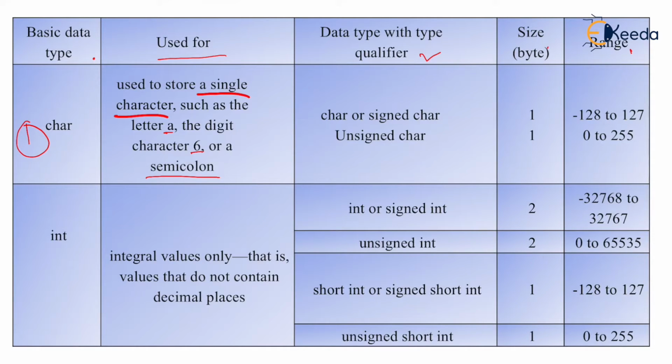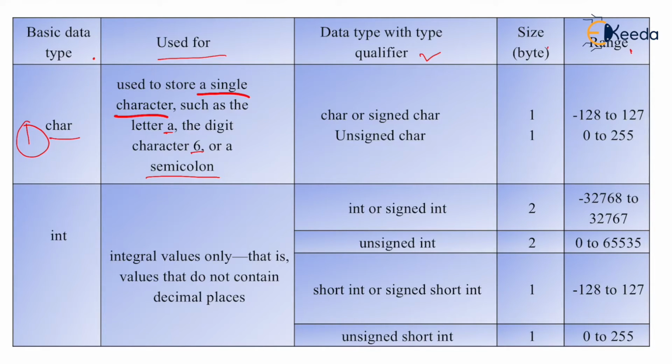That means with the help of the keyword char, you can store any single character that may be A in uppercase, a in small case, or any type of special character.